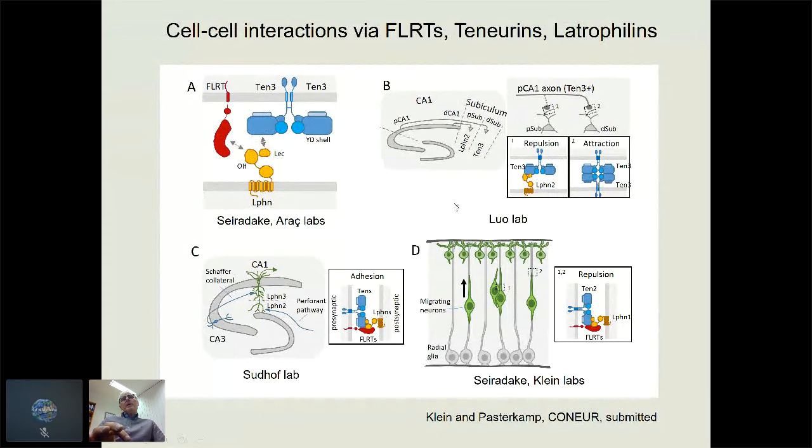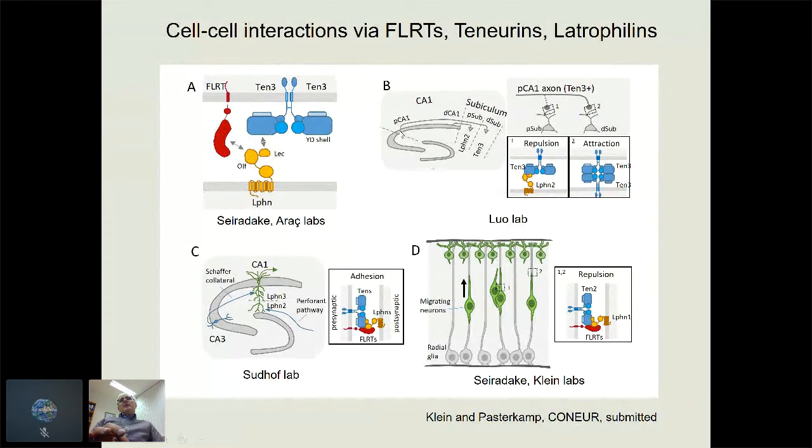So what have we learned about what teneurins and latrophilins do? I cannot summarize the whole literature. There's quite a large body of data from the flies on teneurins. Teneurins are really evolutionarily conserved. But Leach and Lu's lab has published a couple of nice papers recently on teneurin-latrophilin function in the hippocampus.